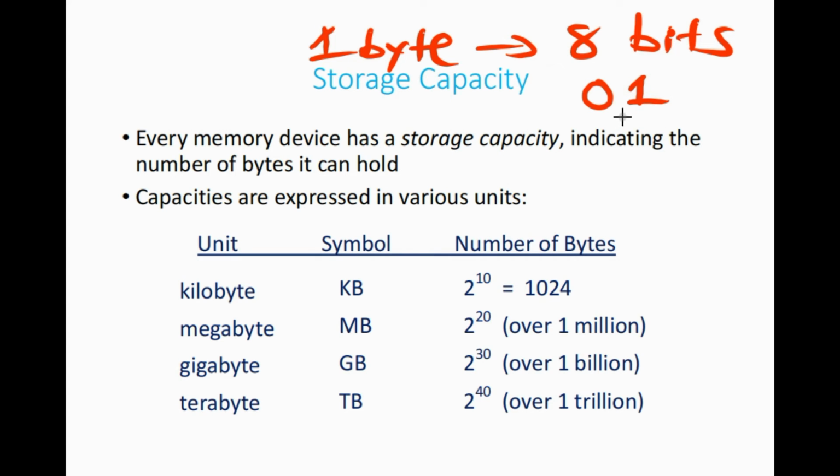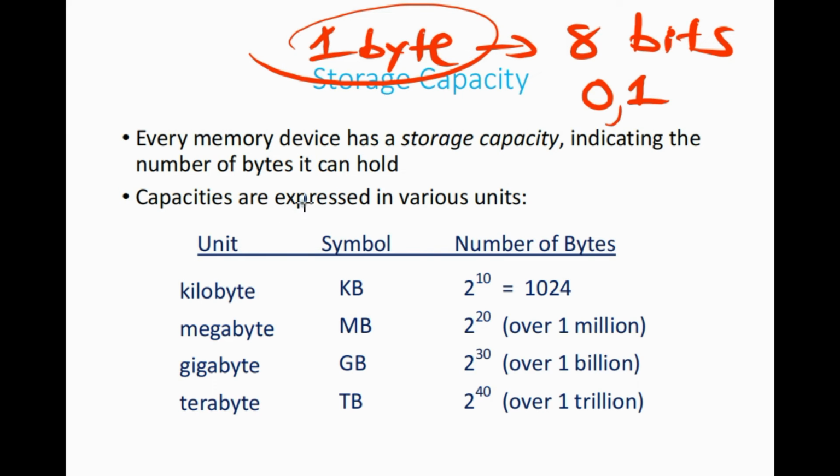So if you combine 8 zeros and ones together, you have 8 bits. That forms a byte. Now a byte can be represented in other forms, as a kilobyte, a megabyte, a gigabyte, a terabyte. I'm sure we are very much exposed to these.